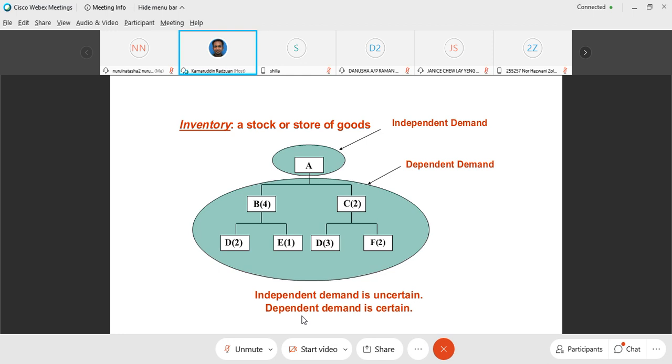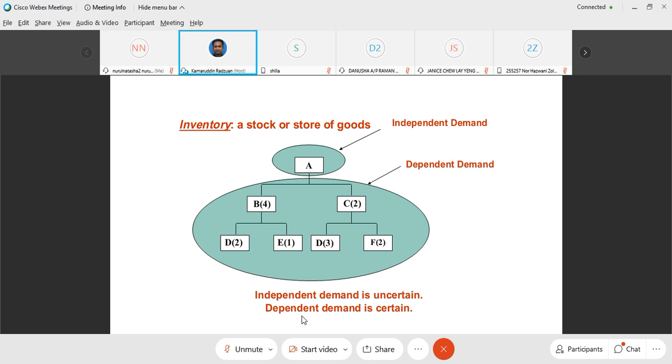So, in this structure tree, the A item is the independent demand, or A item also can be called as finished goods or the parent item in the product structure tree. Term yang biasa kita gunakan kan untuk product structure tree, item A ni sama ada kita sebut sebagai finished goods ataupun kita sebut sebagai parent item.